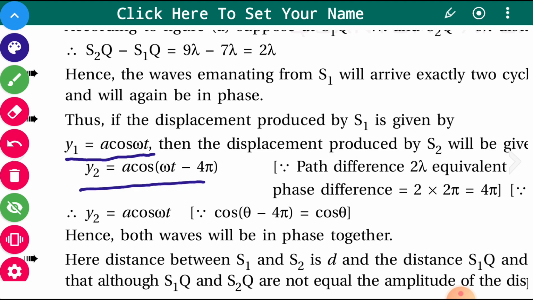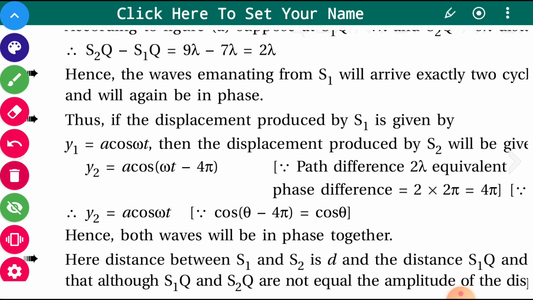Then the second wave will have the phase less by 4 pi because it is reaching late. And as you know, cos of theta minus 4 pi is cos of 4 pi minus theta, and cos of minus theta is cos theta only. So it will become a cos omega t.